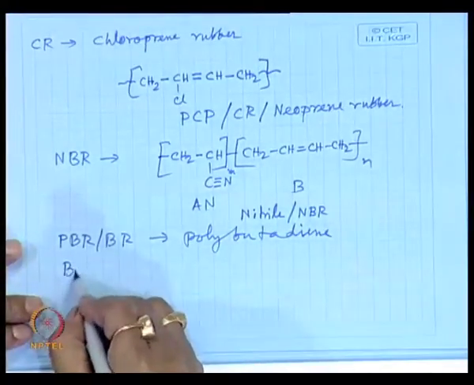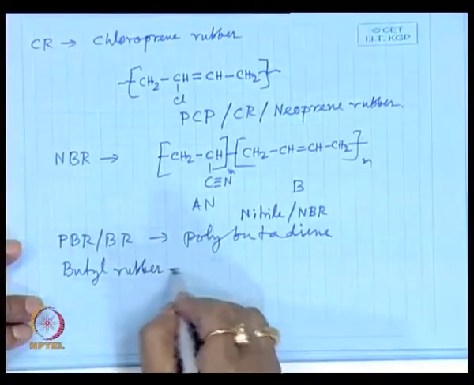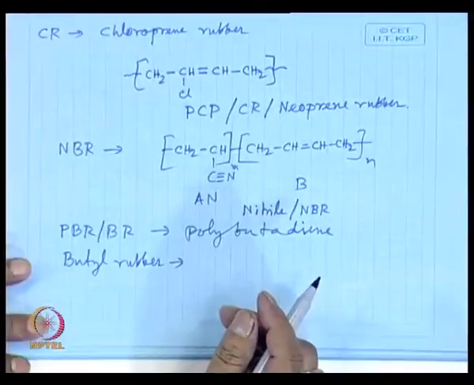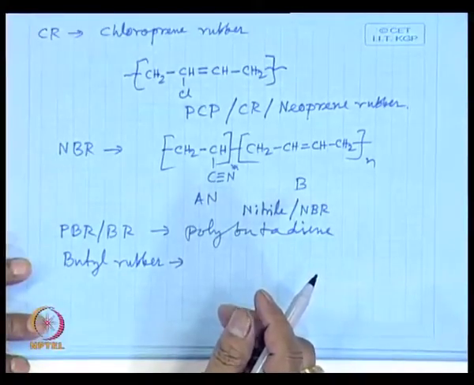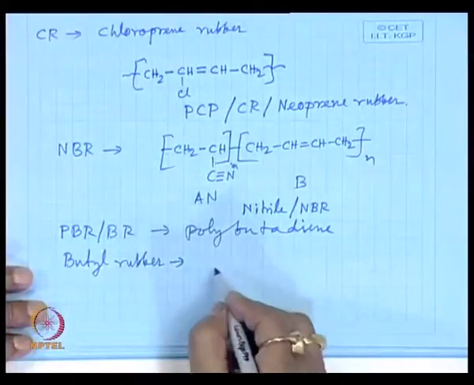Butyl rubber, it is again a copolymer, where the comonomer percentage is very small. Butyl rubber, it is a polymer of polyisobutylene.